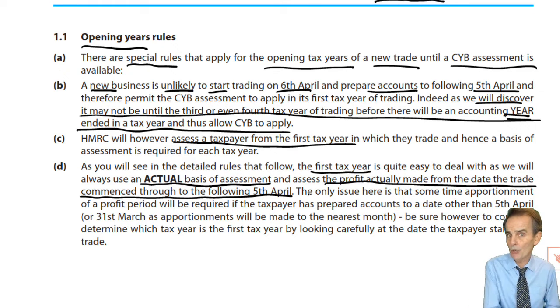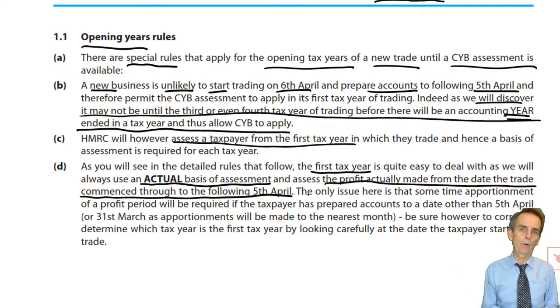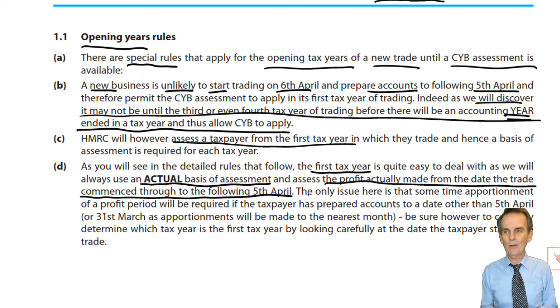It could be you start trading in your first tax year, and you prepare accounts for a relatively short period, which actually ends also in that tax year. So you still need actual start date to following 5th of April. So it's all of the opening period of profit plus a bit of the second period of profit. So we're going to have to do apportionments. Some messy little calculations are going to be required potentially here.